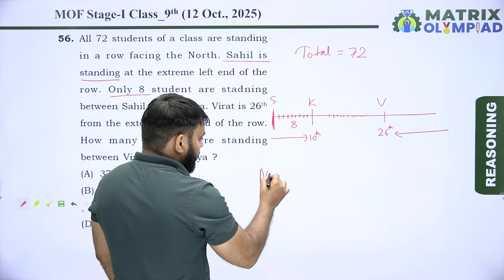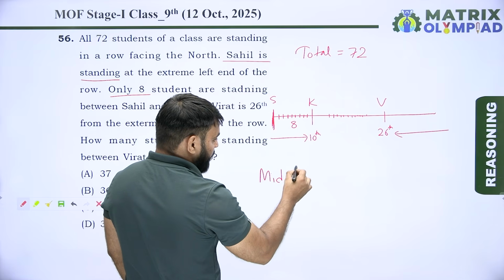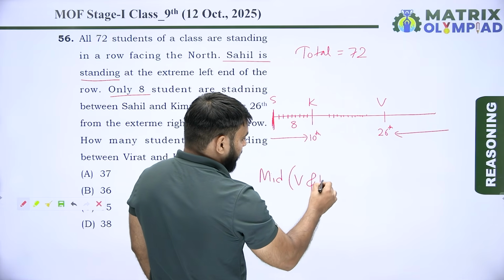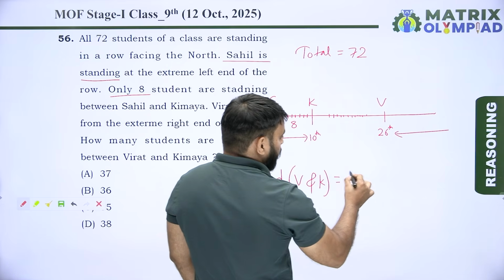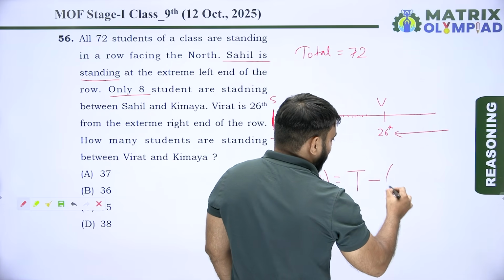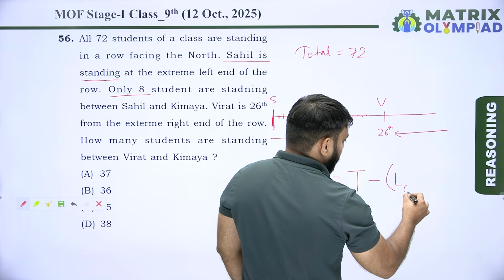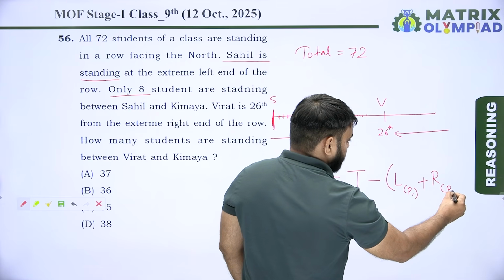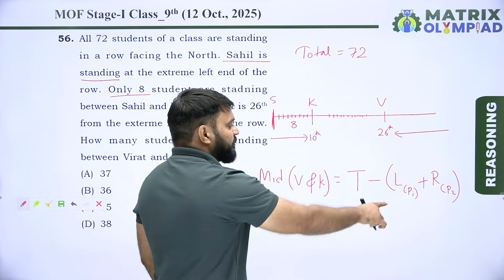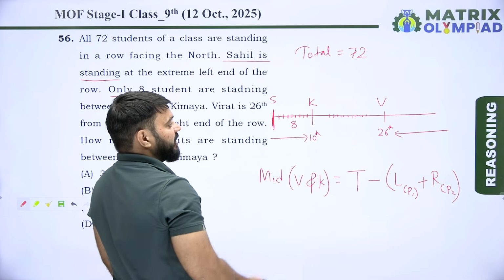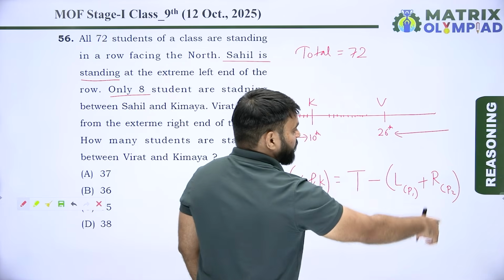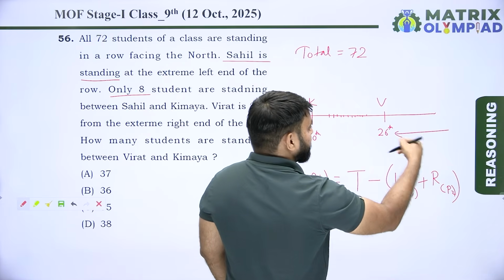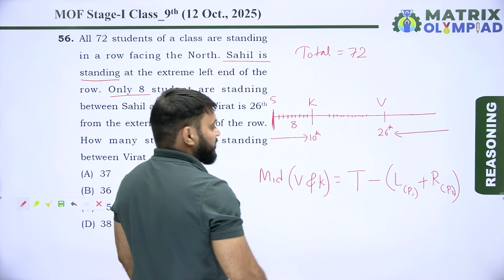The formula is total minus the left position of the first person plus the right position of the second person. So here the left position of the first person means Kimaya's left position, plus the right position of the second person, which means the right position of Virat, is 26.